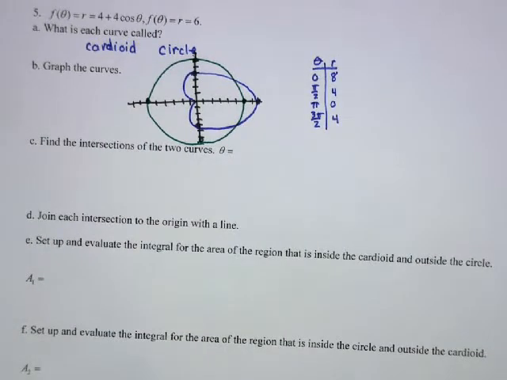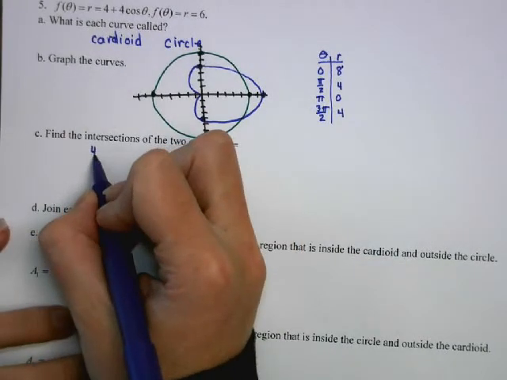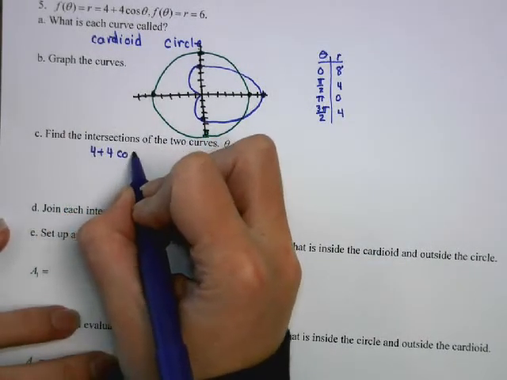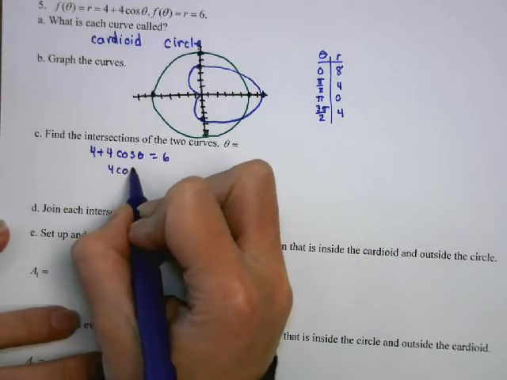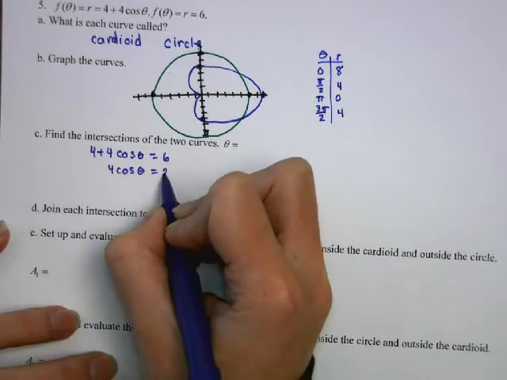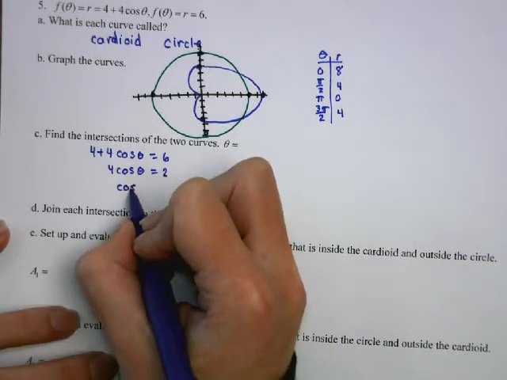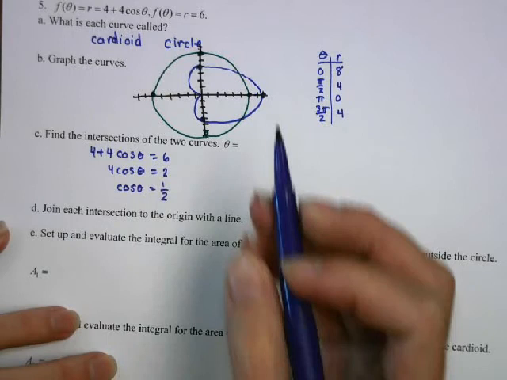Okay, we're going to find the intersections, and we'll do that by setting the equations equal to each other. So 4 plus 4 cosine theta equals 6. 4 cosine theta equals 2, which means cosine theta equals 1/2.